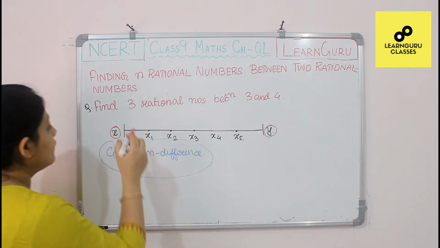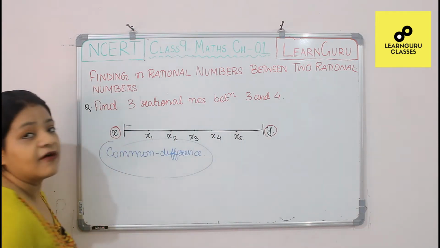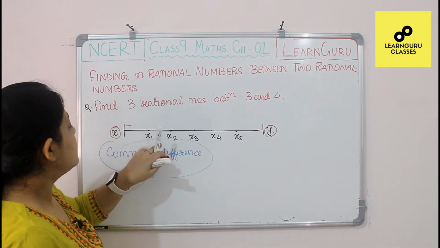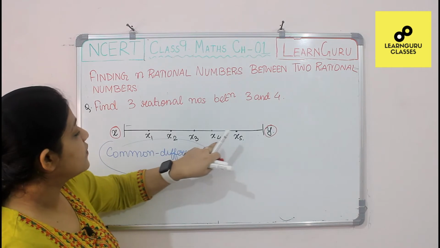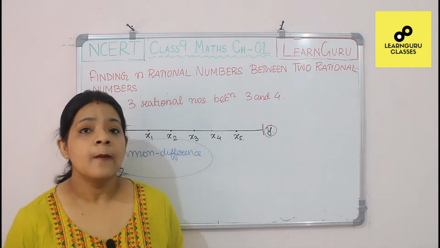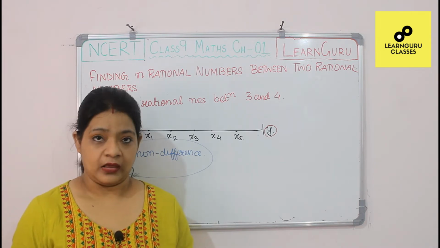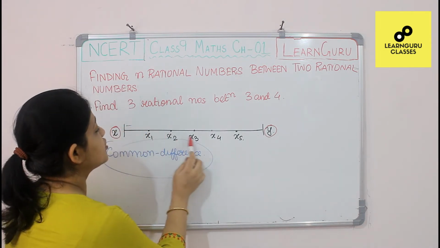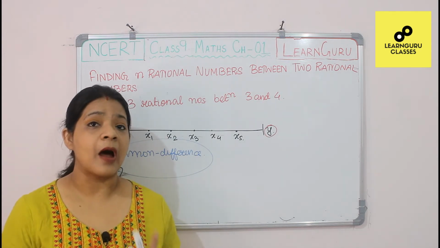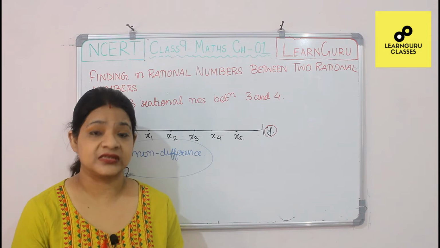You are to travel from x to y via a train. Now these x1, x2, x3, x4, x5 are the intermediate stations between x and y, and all these stations are placed at an equal distance to one another. Mark my word, equal distance.